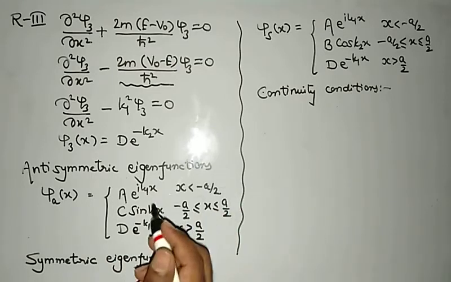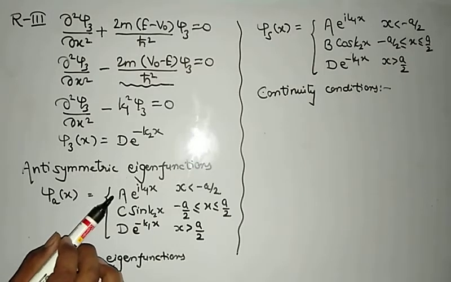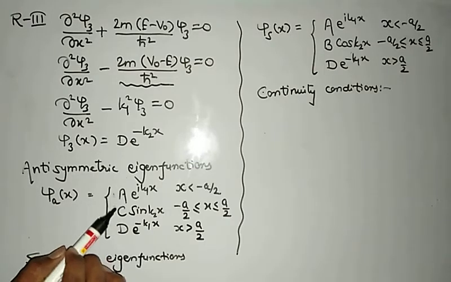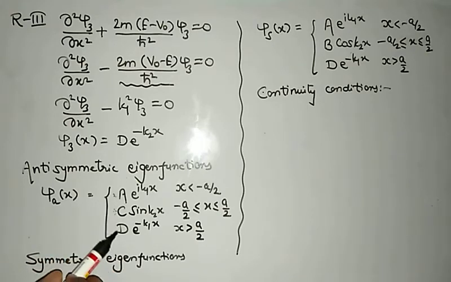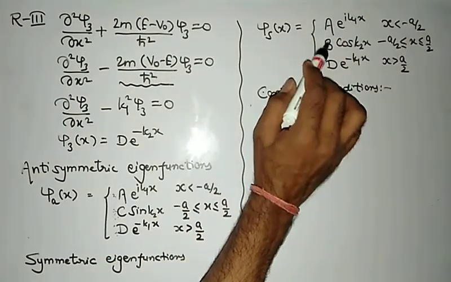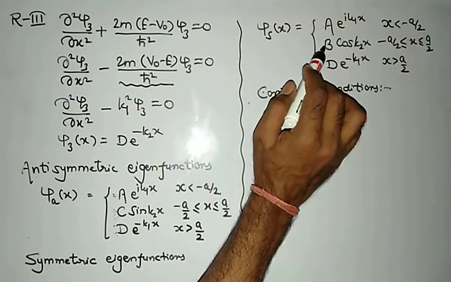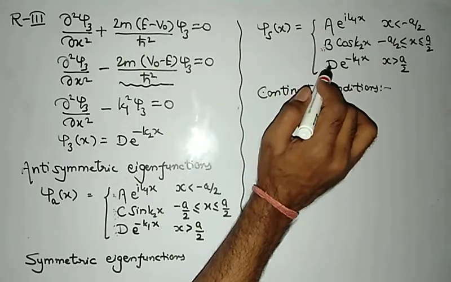So as we know, consider psi 1 and psi 2. These are continuous at x is equal to minus a by 2, and this is continuous at x is equal to a by 2. Same here, this is continuous at x is equal to minus a by 2, and this is continuous at x is equal to a by 2.